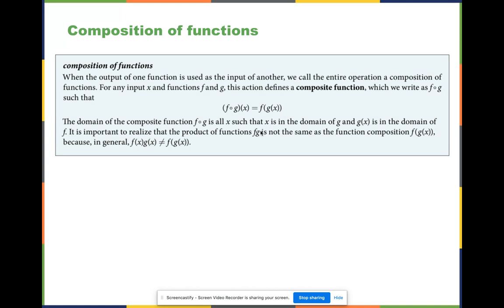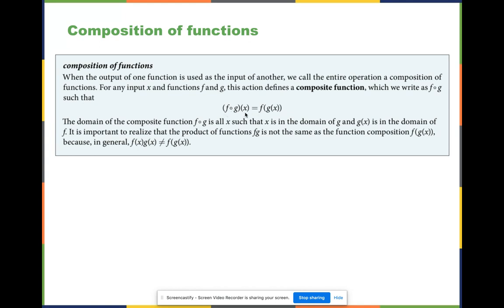But something that's important, the product of functions that we talked about in the last video, f times g, is not the same as the function composition f of g, right? F times g, we just took f of x times g of x. That is not the same as f of g of x, okay? So some new terminology there, f of g of x, and we say this is f composed with g of x.